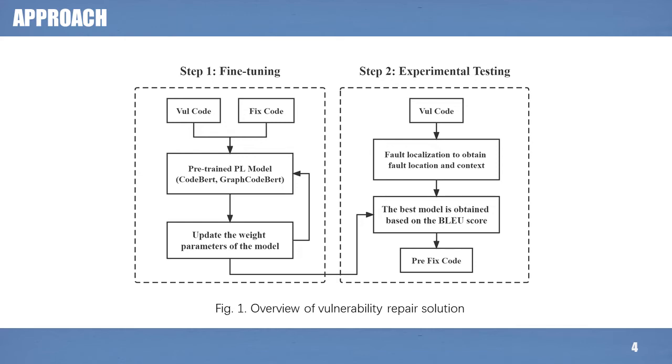Finally, in the experimental testing phase, we input the vulnerability code to allow the model to generate the predicted fix code. For simplicity, we will call these two downstream tasks CodeBERT-fix and GraphCodeBERT-fix.